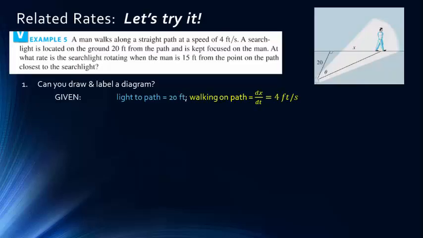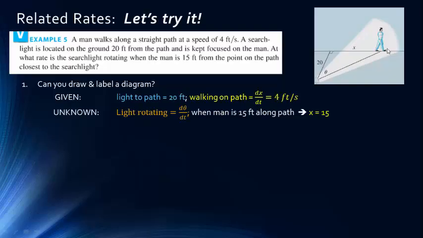Okay? The light is rotating. In my diagram we can see that's the theta, the angle. We're trying to find the rate it's changing, and is it going to be growing or shrinking? What do we expect that to be? So we're looking for d theta dt, specifically when the man is 15 feet away from the closest point on the path, so when x is 15.